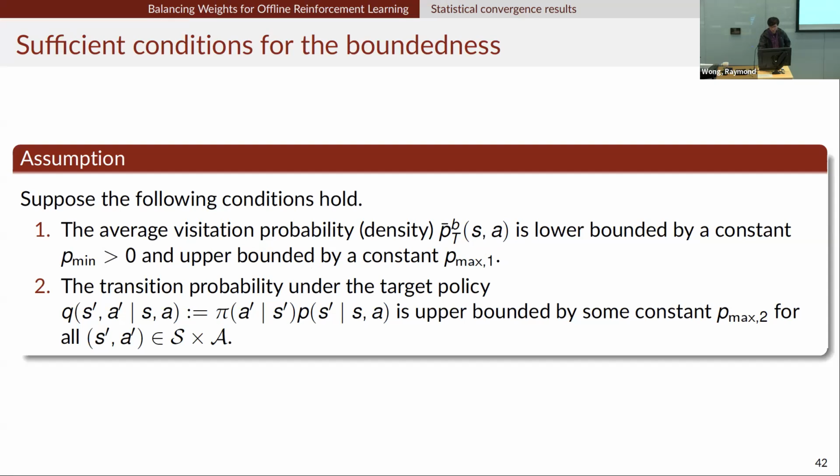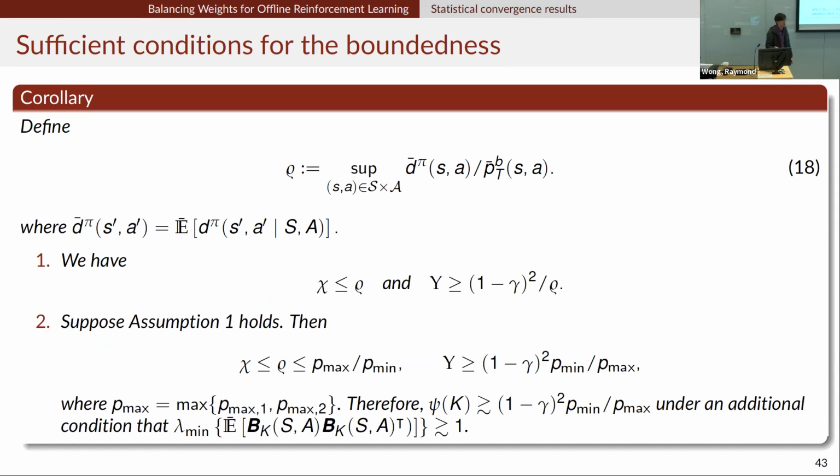This is a strong condition, but also a reasonable one, because it ensures good overlapping conditions, since the visitation probability in the data is strictly lower bounded. Then we have another condition which is not very crucial. It's just about the upper bound of the transition probability. With this sufficient condition, we can show that we have a strict lower bound.